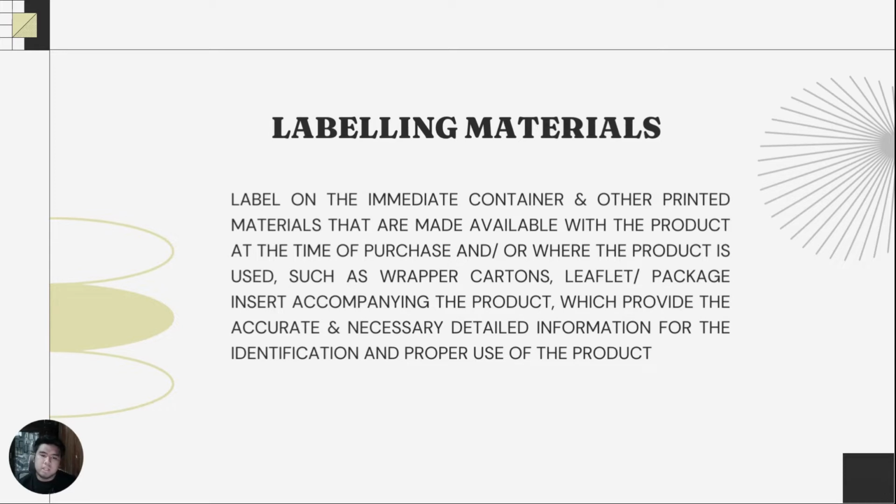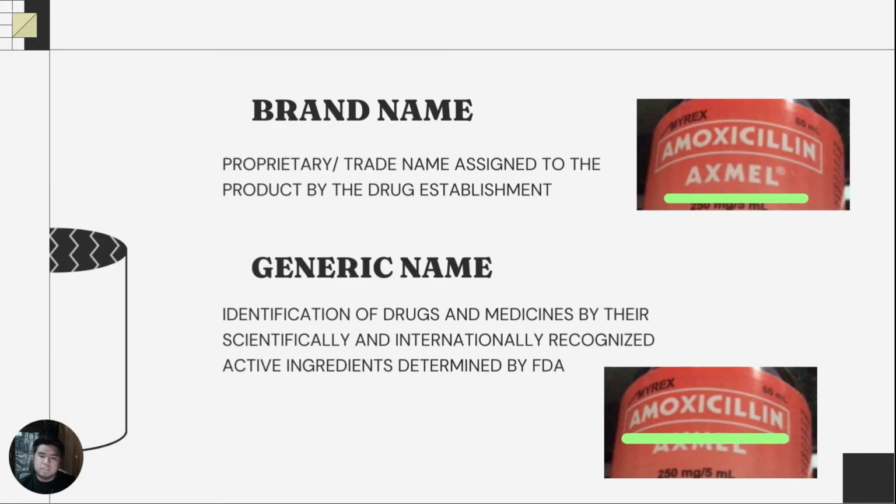And the generic name, which is the identification of drugs and medicines by their scientifically and internationally recognized active ingredients determined by the FDA. As you can see in the screen, the one enclosed in the box is the generic name, while the word Axmel is the brand name.